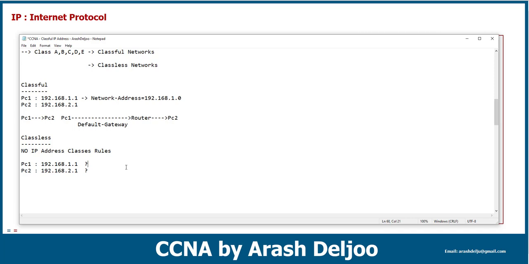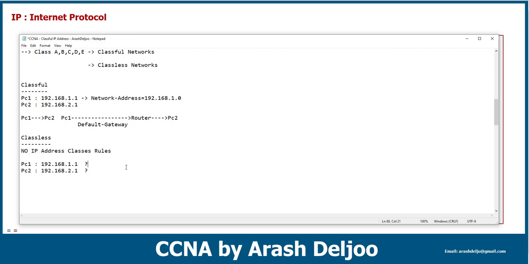How can PC1 identify that PC2 is residing in its network, in which case it can forward traffic directly to PC2, or that PC2 is residing in another network, in which case PC1 can use the router or default gateway to send traffic to PC2? This is the problem we need to solve.